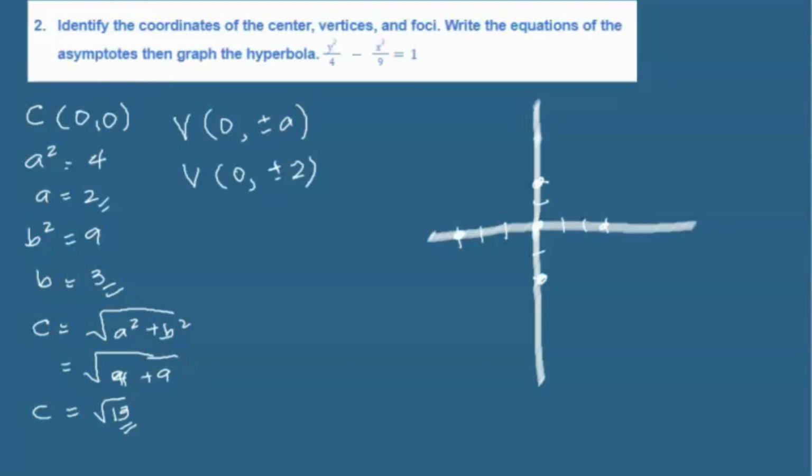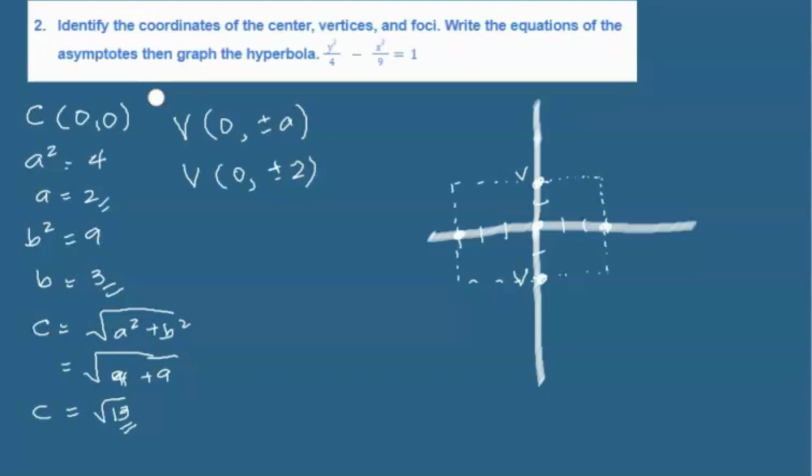So this is our vertex 1 and vertex 2. And as mentioned earlier, with these 4 points of our a's and b's, we will draw an imaginary rectangle to help us graph our asymptotes.